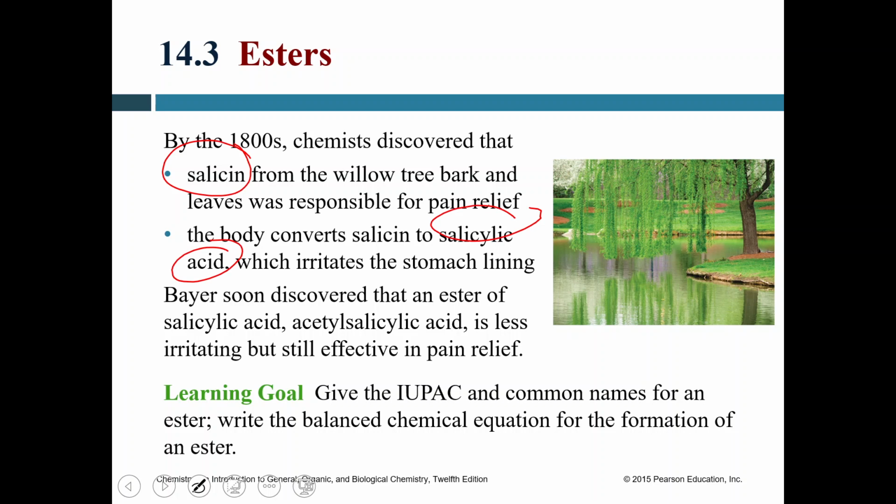So despite its pain-killing properties, it was really hard to use as a painkiller. Chemists from the German company Bayer discovered thereafter that if you form an ester of salicylic acid, it is not as irritating, but still a pretty good pain reliever. And this acetylsalicylic acid ended up being what is now called aspirin.